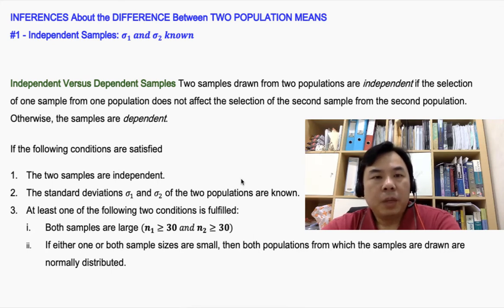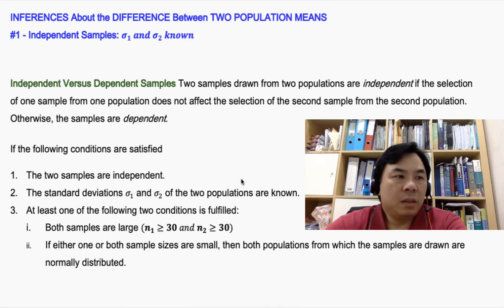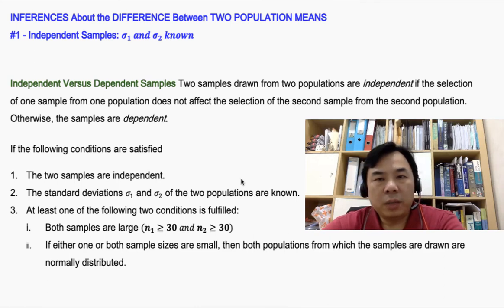Independent samples basically means the sample that you draw from one population does not affect the chances of the second sample being drawn from the other population. That is the simple idea of independent versus dependent samples.